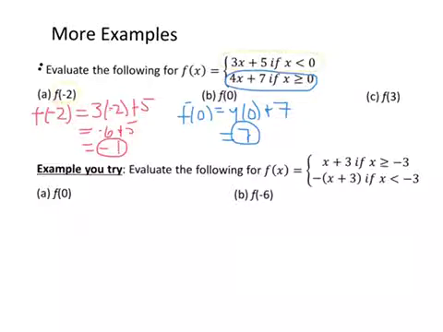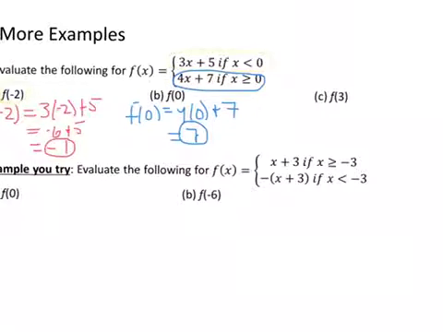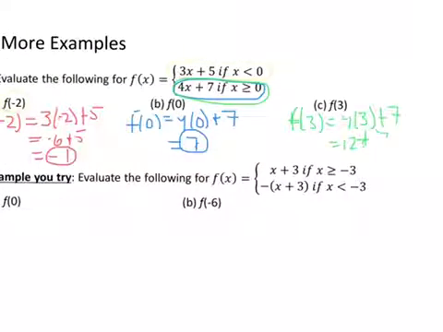If we look at letter c, we want to find f of 3. 3 is larger than 0, so we are going to use the bottom equation again. f of 3 equals 4 times 3 plus 7, which is 12 plus 7, which is 19.